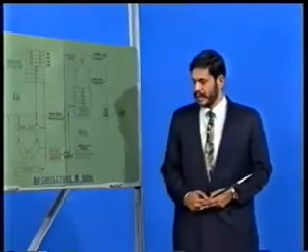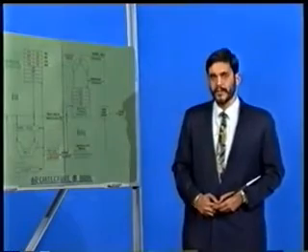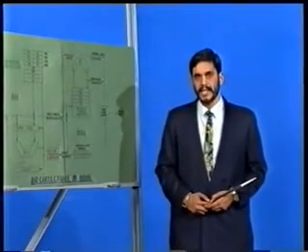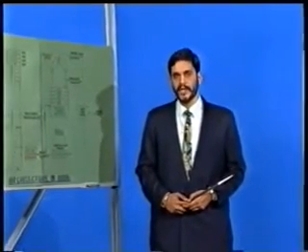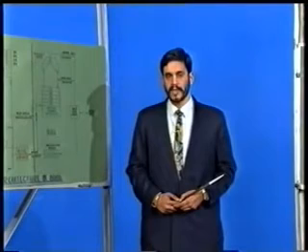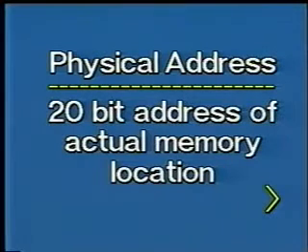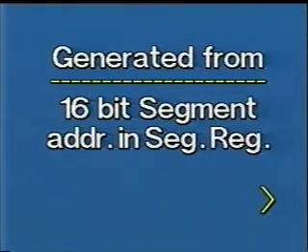Having seen the details of the internal architecture of 8086, let us now proceed to the physical address generation scheme used by this microprocessor. The 20-bit address of the actual memory location is called the physical address. Since registers are all 16-bit, to generate the 20-bit physical address, we use a segment register along with another 16-bit register.